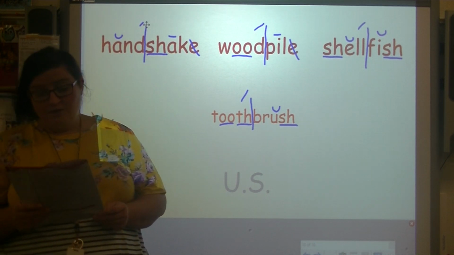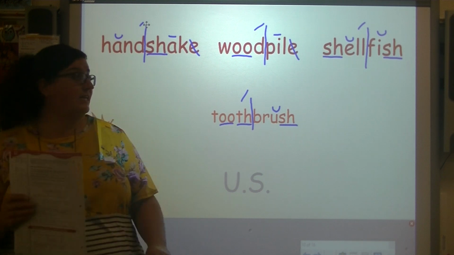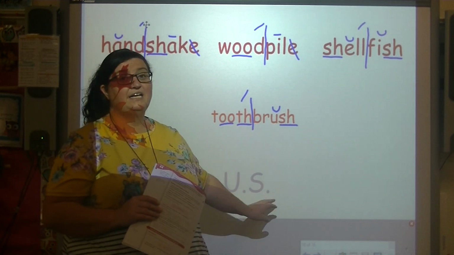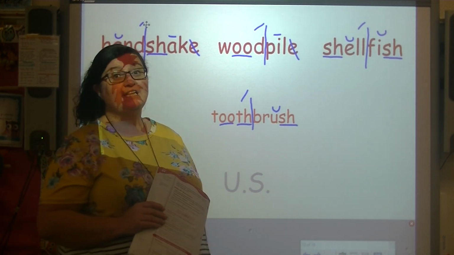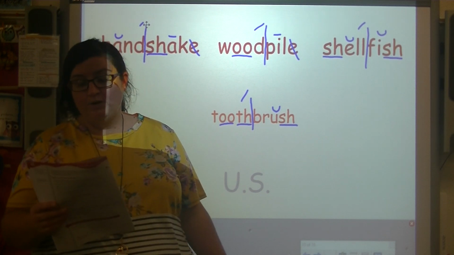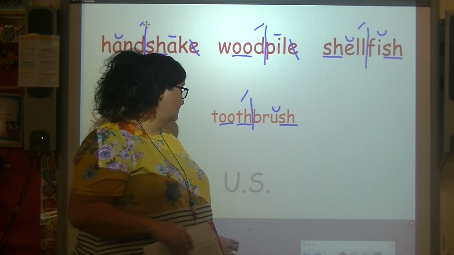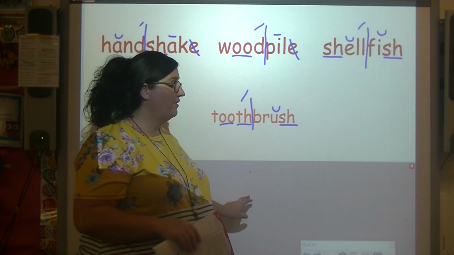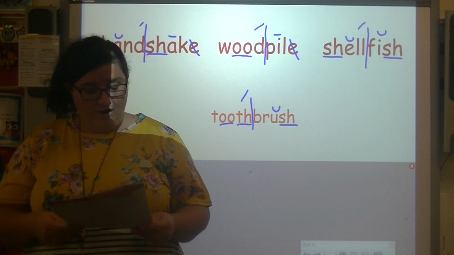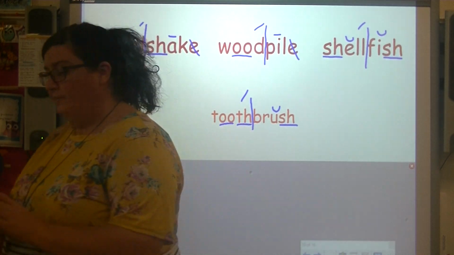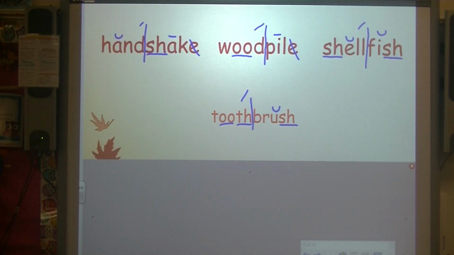Okay. But when you see it, it stands for the United States, the country we live in. Today when we work, you're going to read about the United States. So when you see U.S., it's talking about the United States. All right, let's go back to our paper and practice on some compound words.